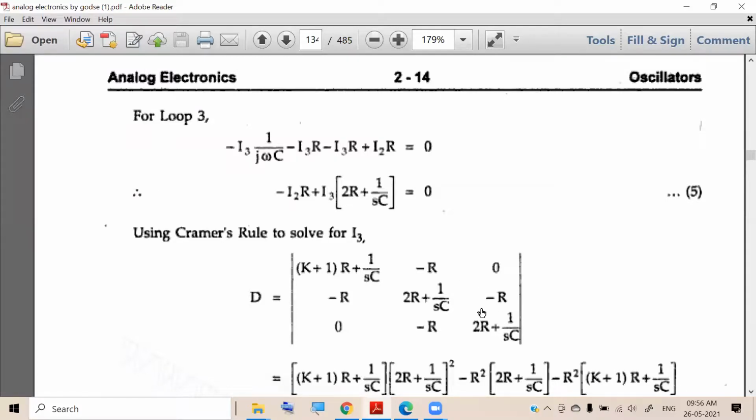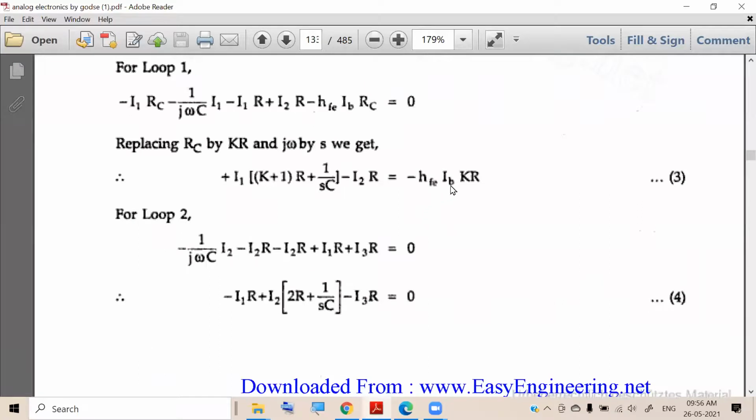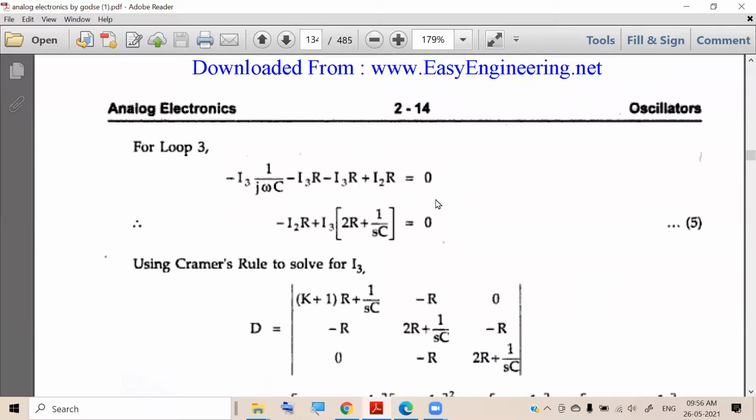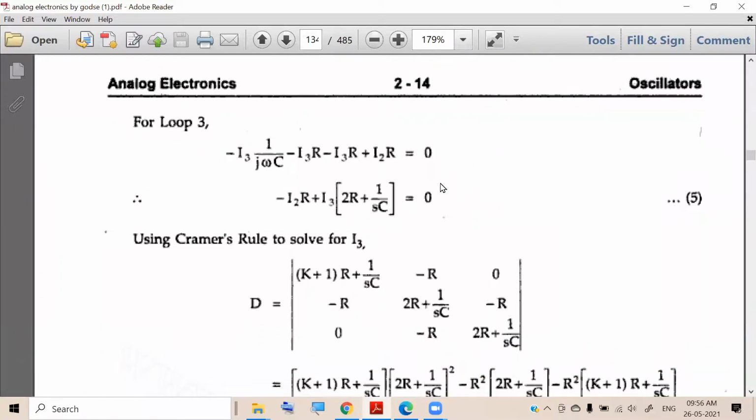So the equation can be represented as this matrix times I1, I2, I3 equal to the column matrix minus HFE IB into KR, 0, 0.